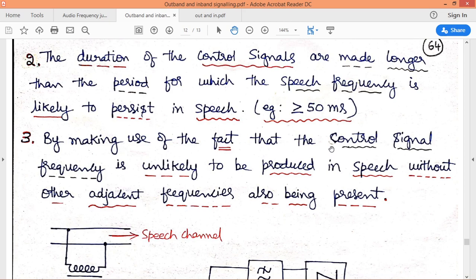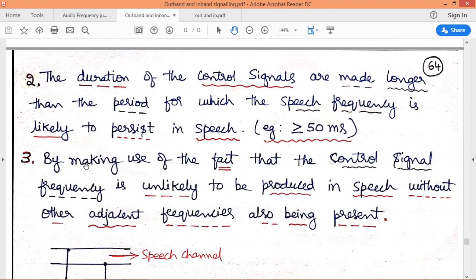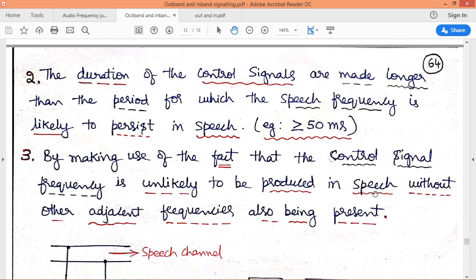But when we are dealing with control signal, we know control signal will be of a particular frequency. We will be using exact 2.6 kilohertz control signal, and this will not have any adjacent signal frequencies. It will be a fixed frequency. Control signal will be a fixed frequency, whereas speech signal will be variable, so its frequency will vary.